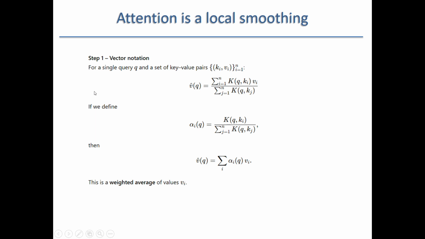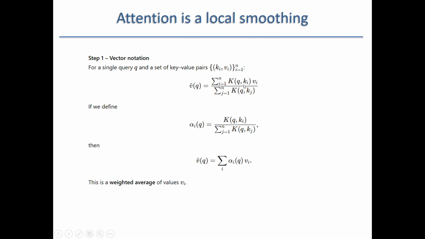Okay, and here we will do it in two steps. Trying to modify the local regression problem using the same notation as the queries, keys and values from the attention mechanism. So now we are given keys and values, and we have a query vector. We compute the similarity between the query and each one of the keys, and we normalize by this, and we compute the weighted average of all those values.